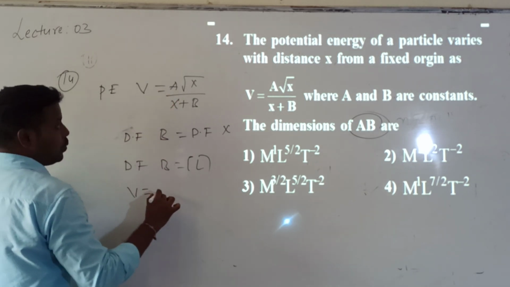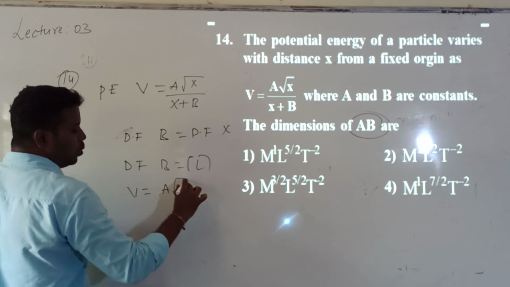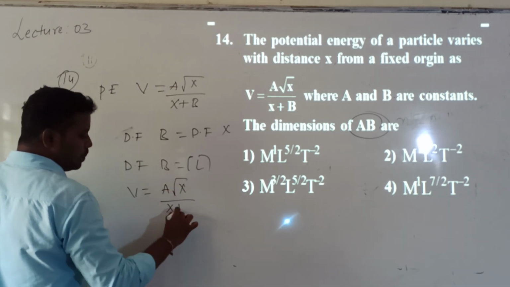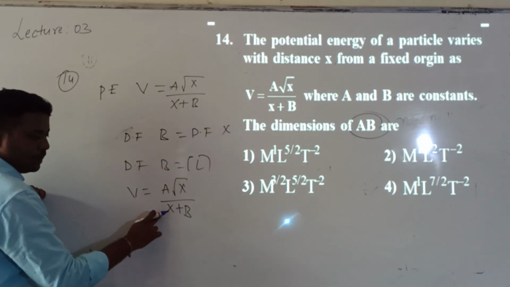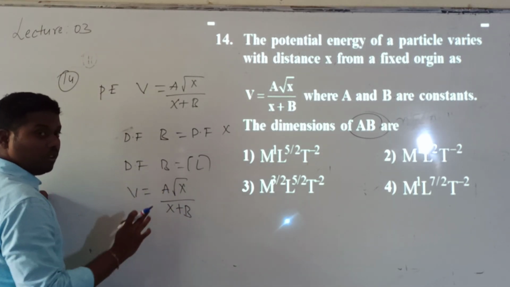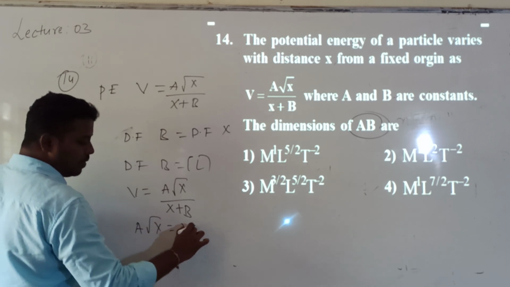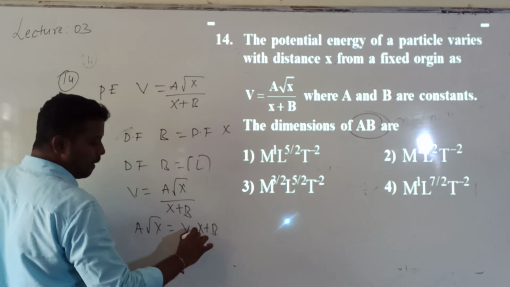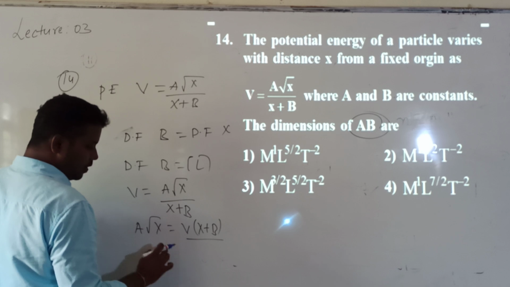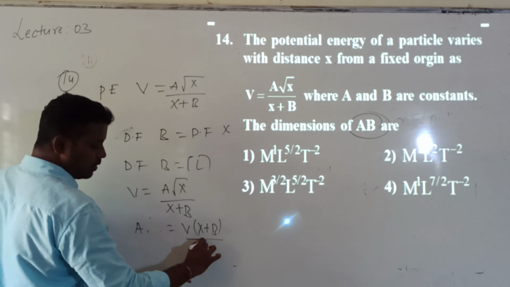By the relation V is equal to A into root x by x plus b. Now x plus b dimensional formula is the same, which is L only. So A into root x is equal to V into x plus b, so A is equal to V into x plus b by root x.